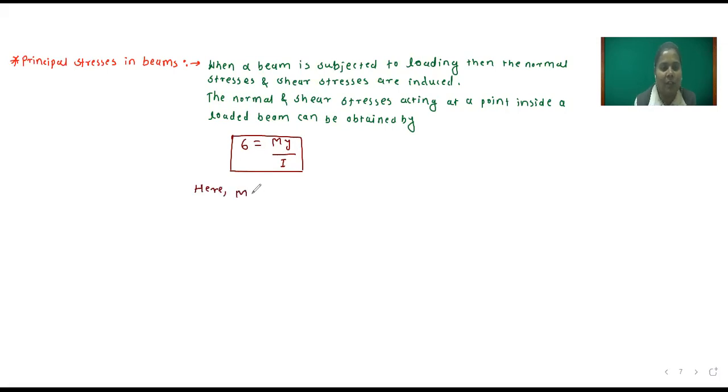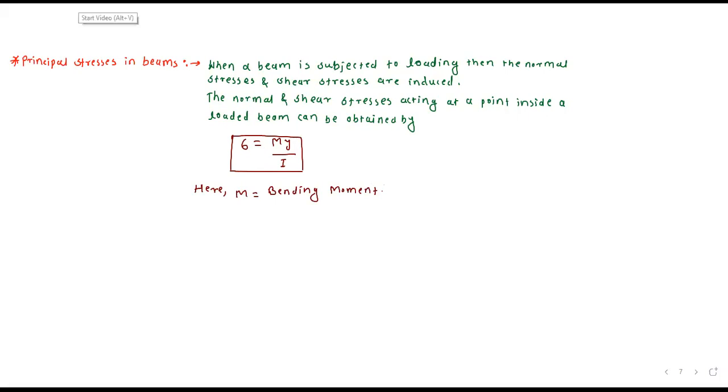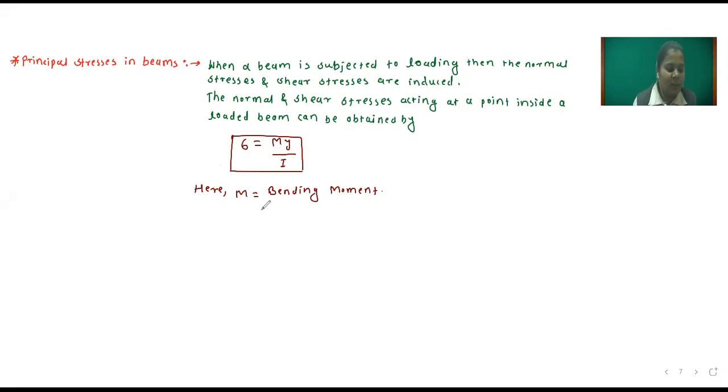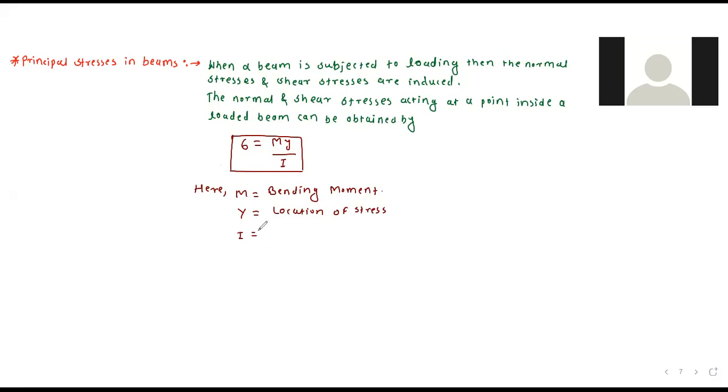Here M is the bending moment. Y is the location of stress, that means the point at which we have to find the stress. I is the moment of inertia.